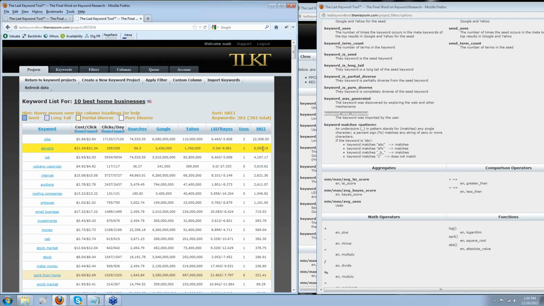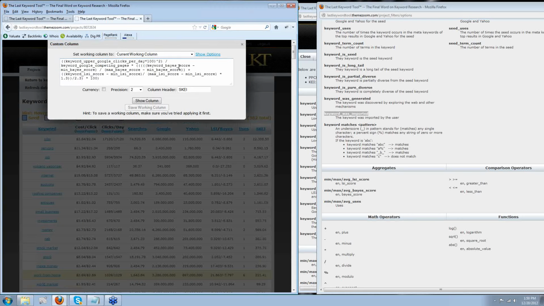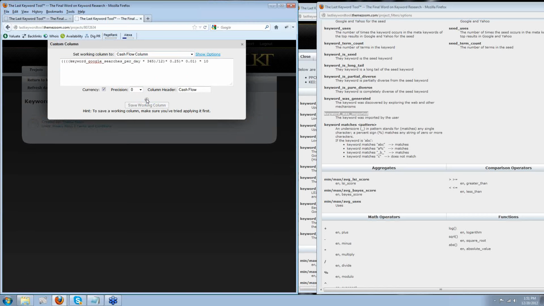So let's go back to the idea of the cash flow column. Take out the thing with the affiliate and just bring that in.